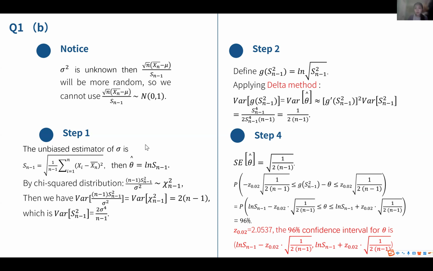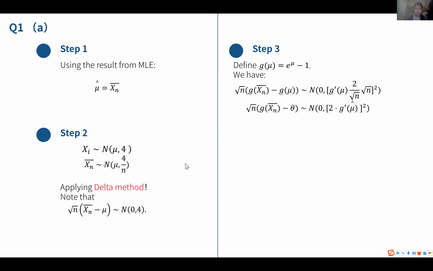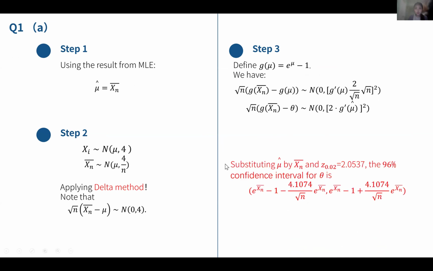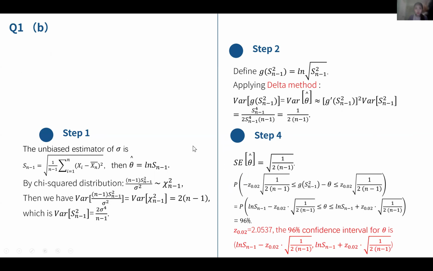What can we do to deal with such problems when sigma is unknown? I post the equation here. We need to use this equation to deal with this problem.